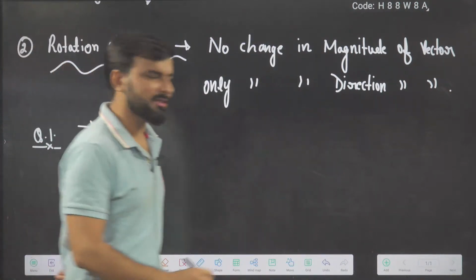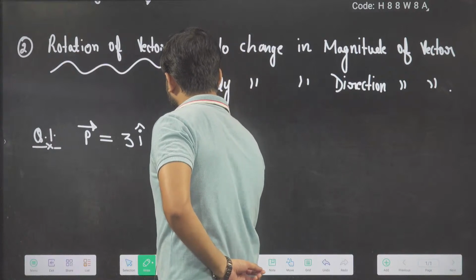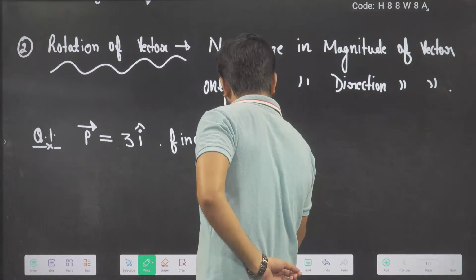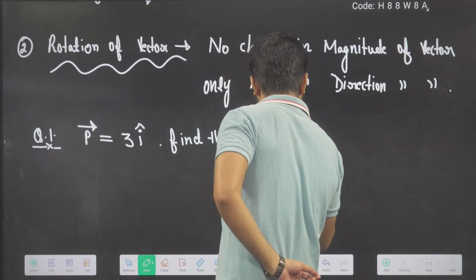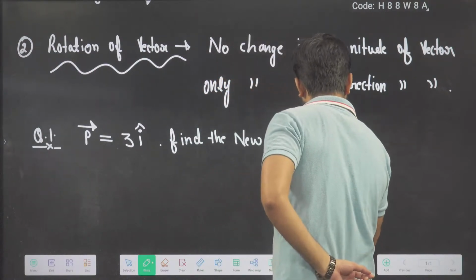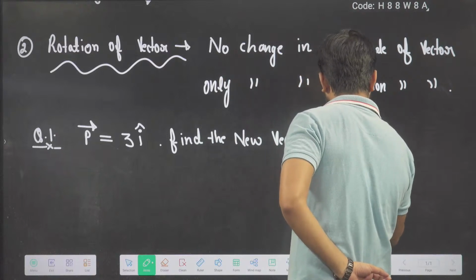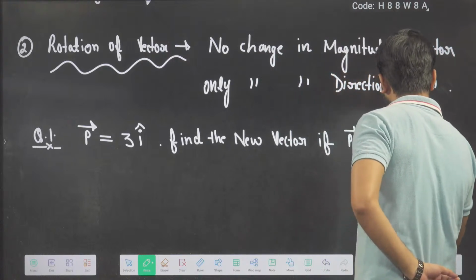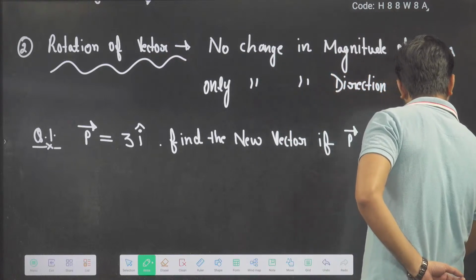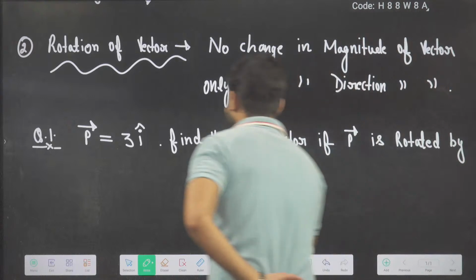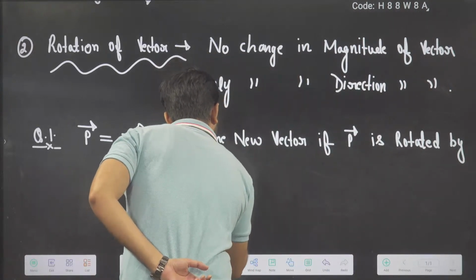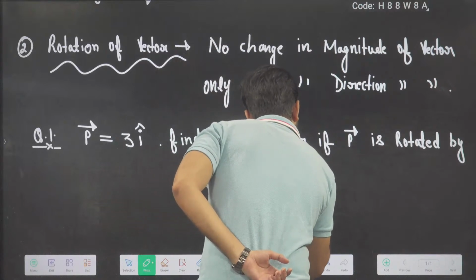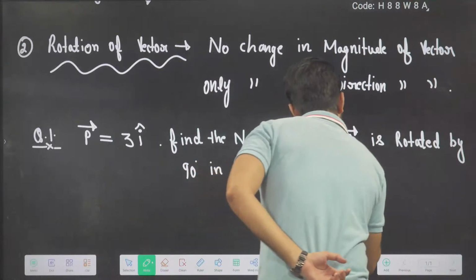Find the new vector if the P vector is rotated by 90 degrees in the anti-clockwise direction.